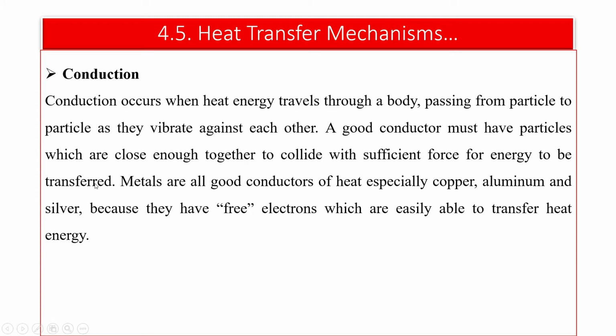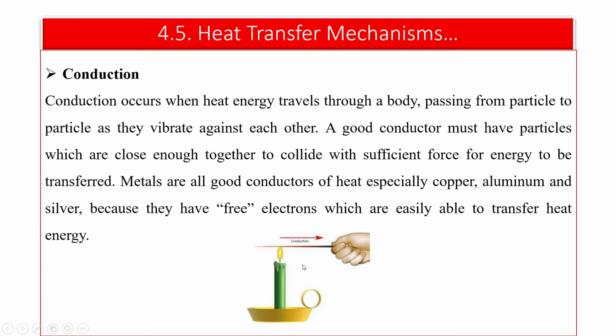In this case we get conduction. Metals are all good conductors of heat, especially copper, aluminum, and silver, considered to be the best conductors of heat because they have free electrons, which are easily able to transfer heat energy. This is the best example that we have.